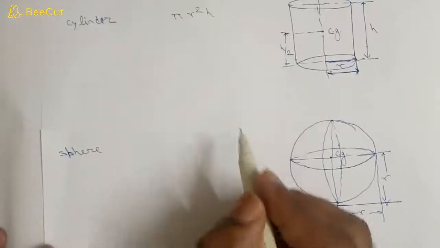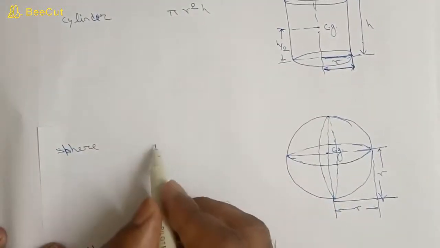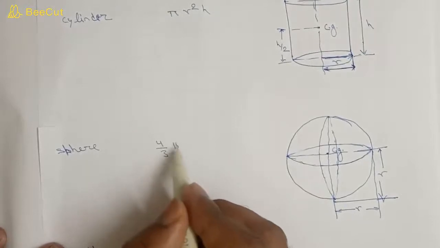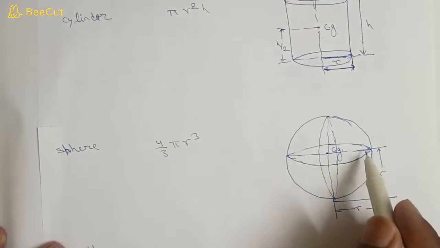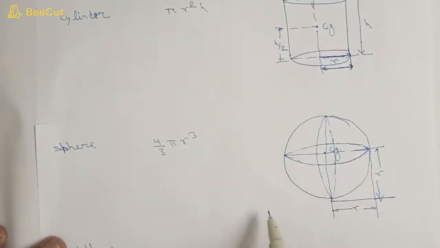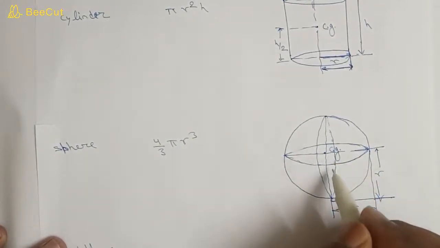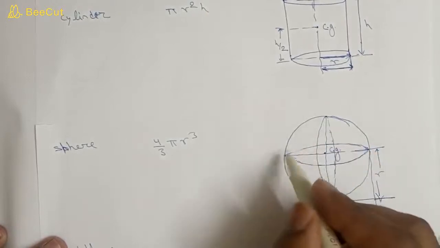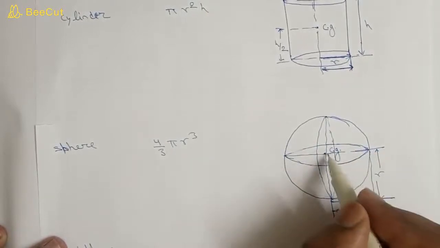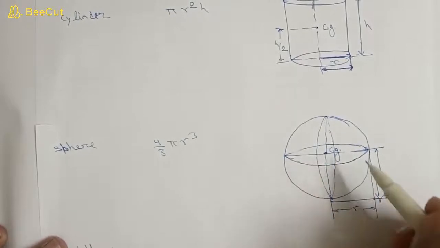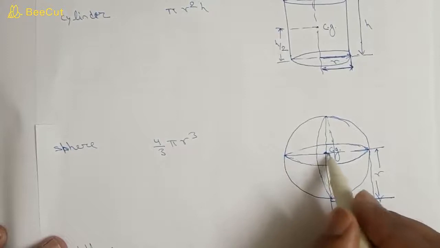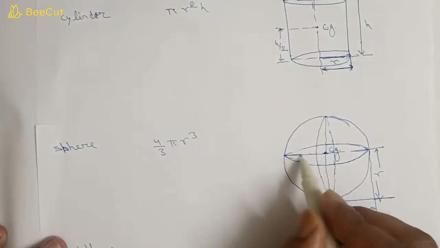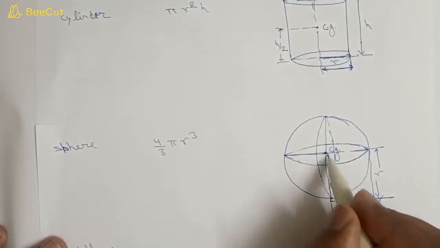Now the second one is sphere. So for sphere, volume is 4 by 3 pi r cube, where r is the radius of this sphere. A center of gravity will be located at the cross section of these two vertical and horizontal axes. So this is center of gravity, and it will be located at r from either side, from left at r, and from bottom it will be at height r.